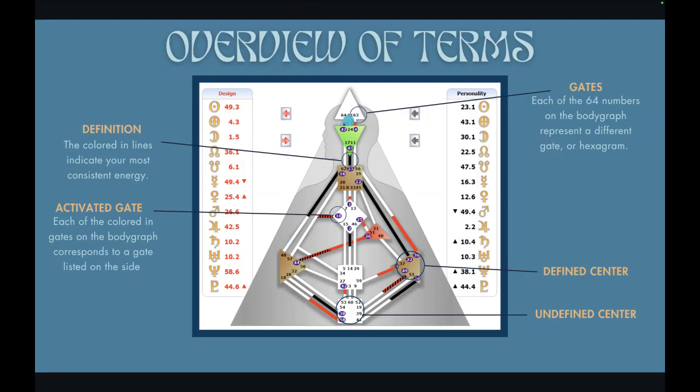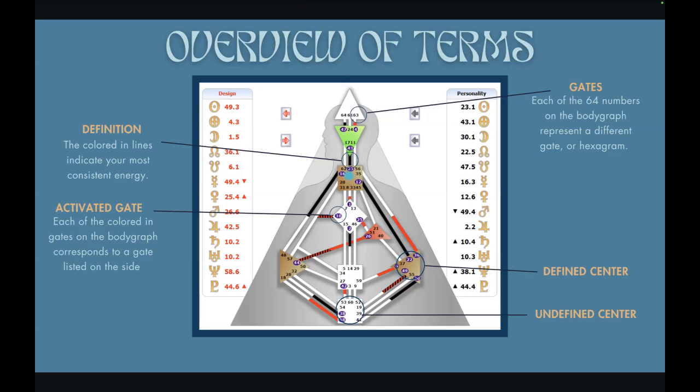And then all the numbers that you see in all of these centers are called gates. There are 64 of them. They are based on the 64 hexagrams of the Chinese I Ching, which is an ancient oracle text. You can learn more about that in the origins video in the foundations unit in our student portal. But when we have opposite gates that are defined, say we have gate 43, then its harmonic gate, or the opposite gate, is 23.